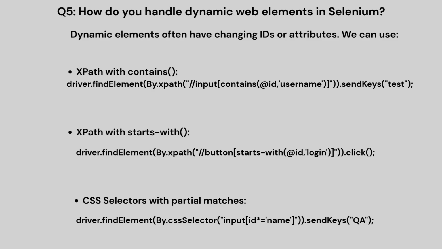Now the third one is a CSS selector. You can use driver.findElement, you specify By.cssSelector, and specify it like this way: input[id*=, or class*=, or name*= the attribute, and then close all the brackets, and then you can use .sendKeys or .click, whatever.